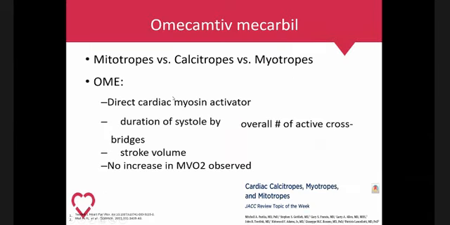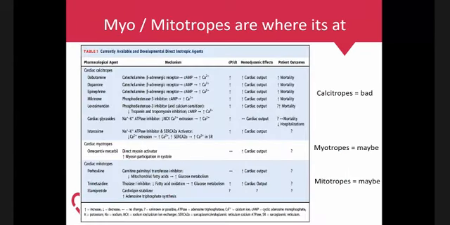Omecamtiv mecarbil is one such drug that increases the duration of systole by increasing the overall active cross bridges. Thereby it increases the stroke volume, and very peculiarly it does not increase the oxygen demand of the heart. So this is where the newer drugs are coming, unlike all the previous drugs that we have, which are calcitropes, which increase the calcium there.